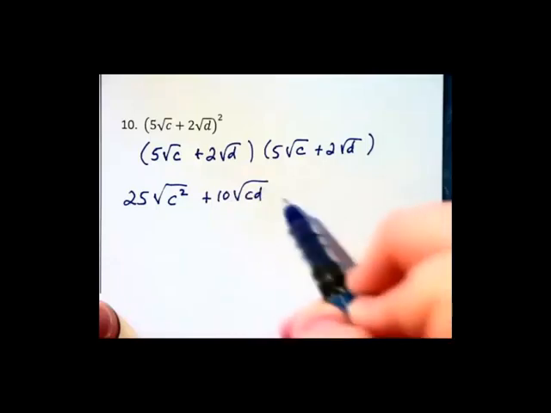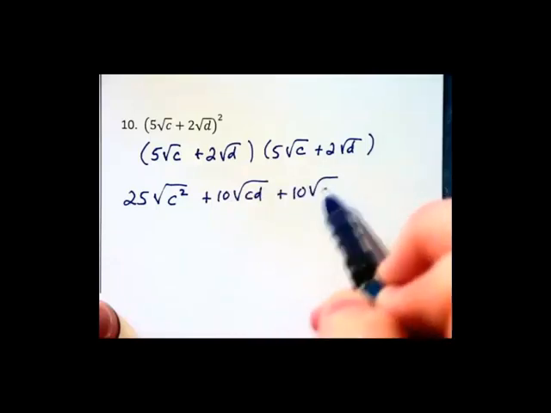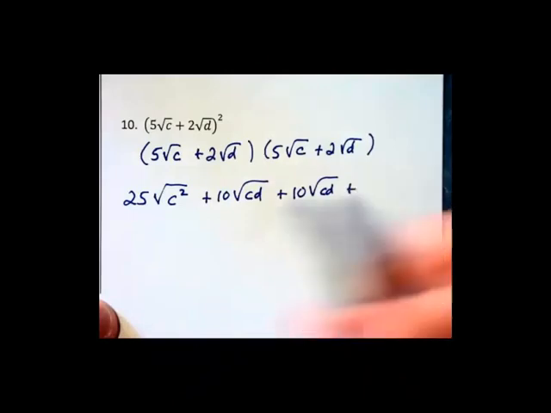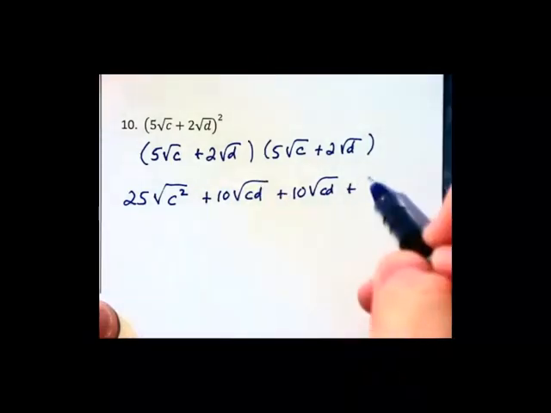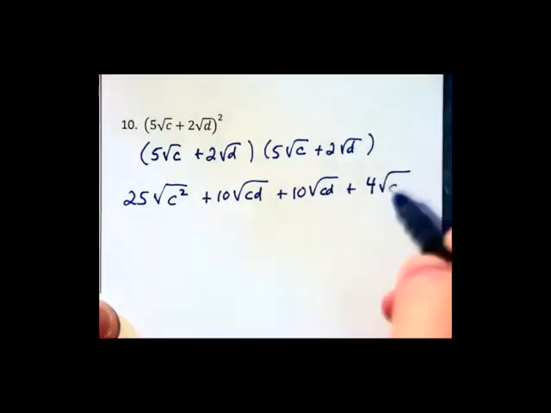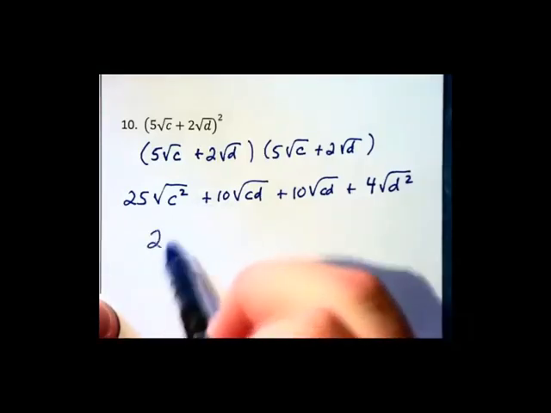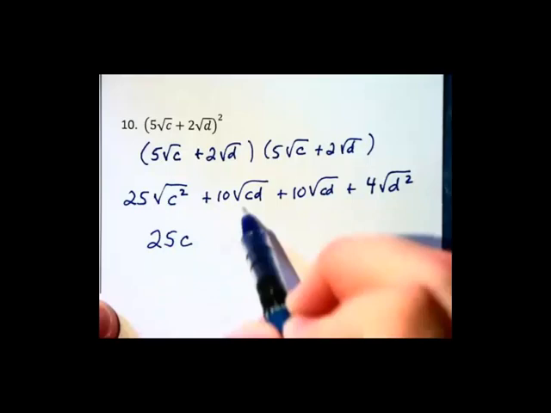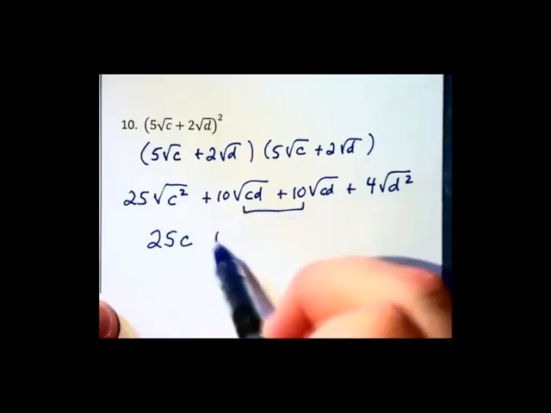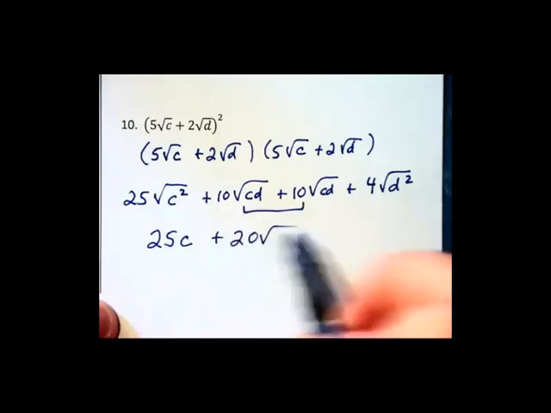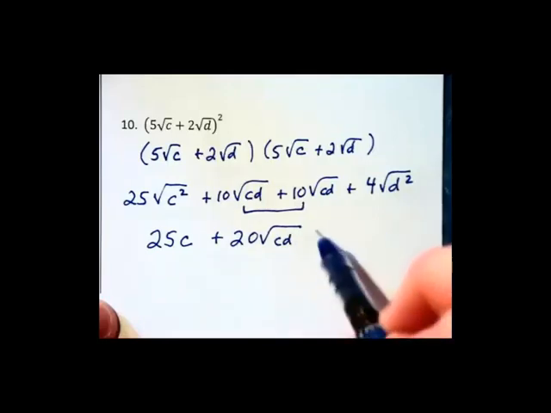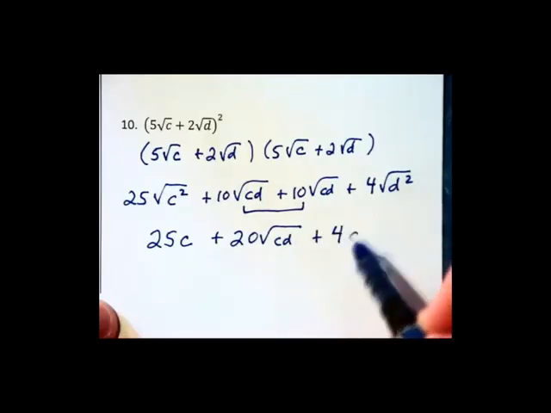Outer, also plus 10 root cd. The last term of FOIL, 2 root d times 2 root d is 4 root d squared. So we have the following. 25c. Combine the middle terms together to give you plus 20 root cd, plus last term coming down 4d.